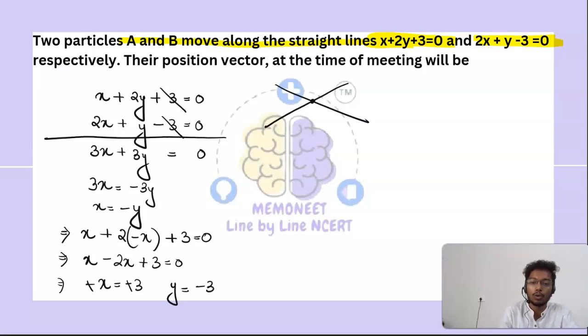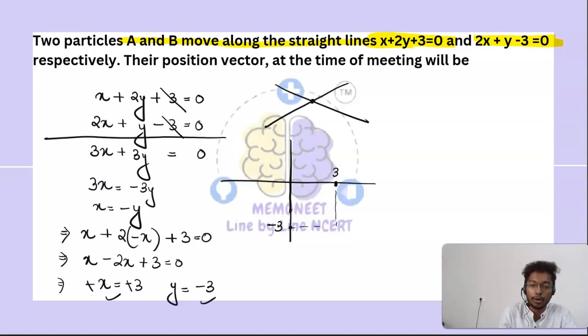So what is the position vector here? Let's say this is our Cartesian plane and the lines intersect at x equals 3 and y equals minus 3.